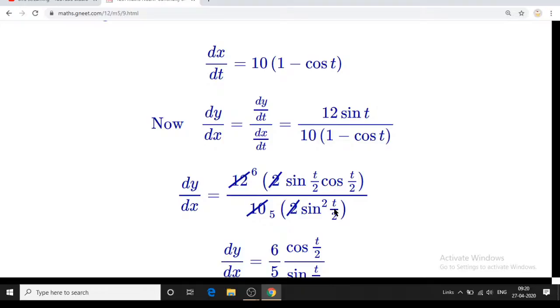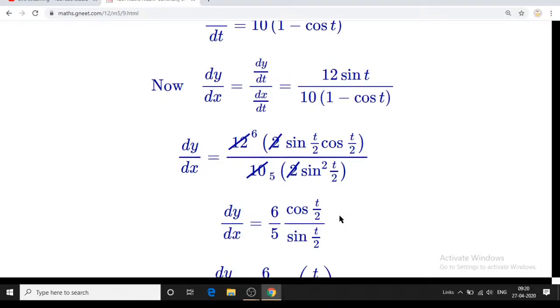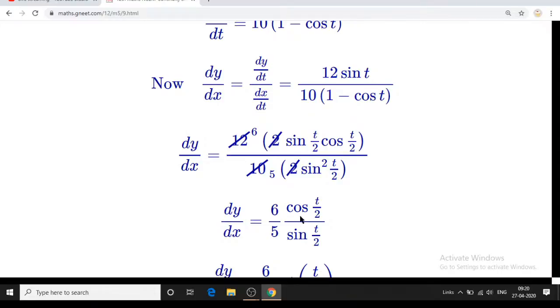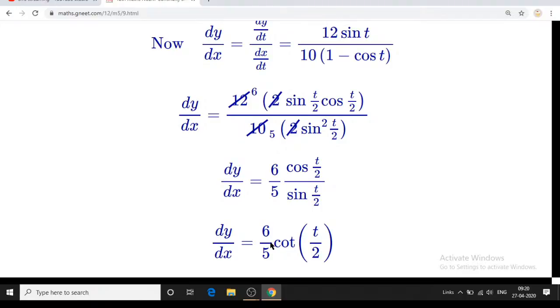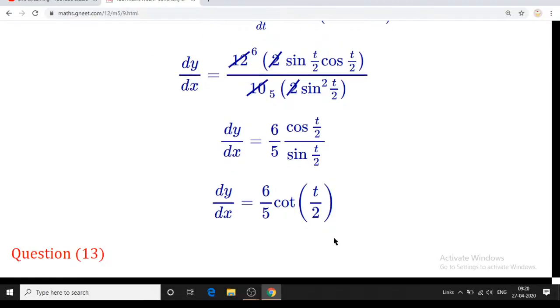So what remains is cos of t by 2 and sin of t by 2. So 6 cos of t by 2 upon 5 sin of t by 2, or we can write it as 6 upon 5 cot of t by 2, that is dy by dx.